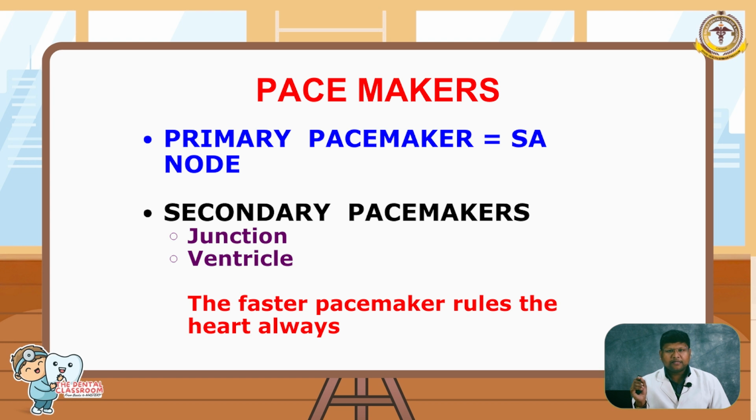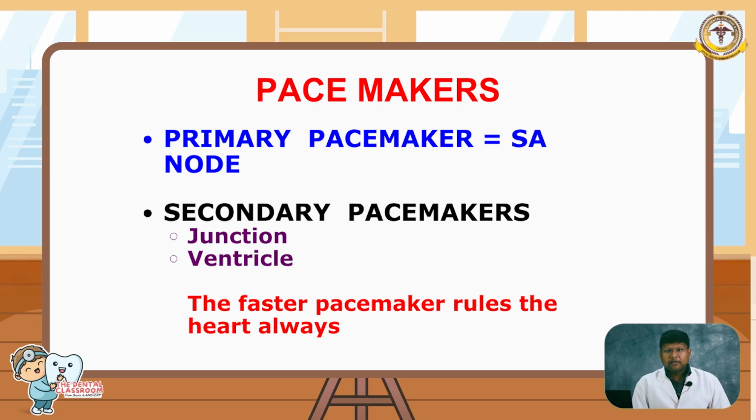The secondary pacemakers are your junction as well as your ventricle. The faster pacemaker always rules your heart. So if the SA node fails to generate the electricity, the junction will take over. If the junction fails, the ventricle will take over. Each one overrides the other pacemakers.